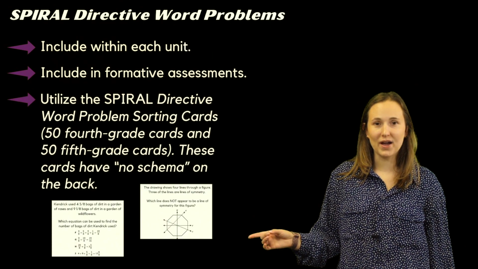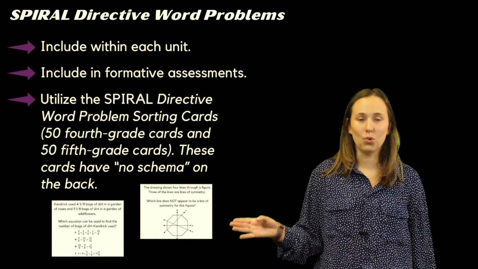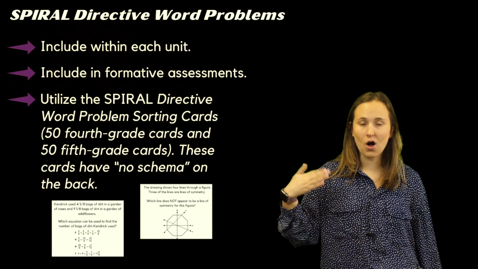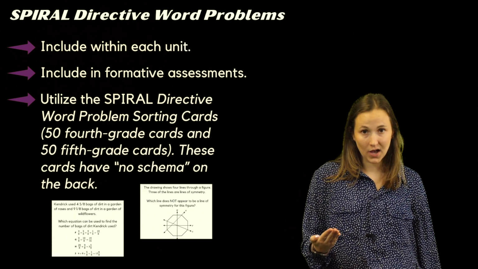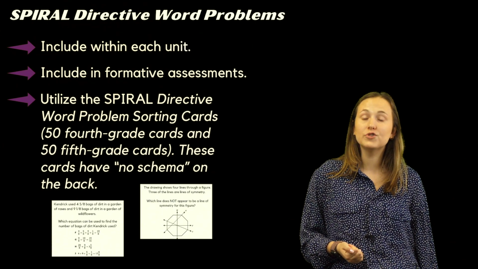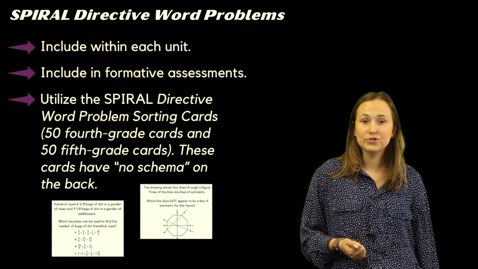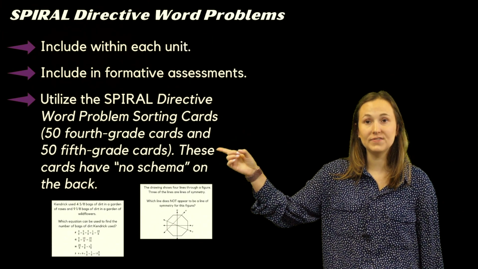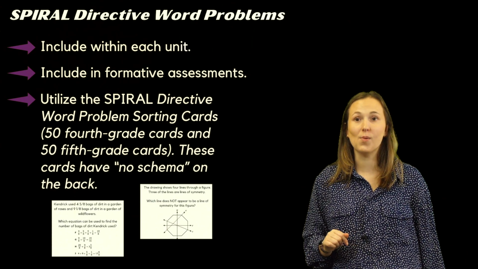And I also want to remind you that you have spiral word problem sorting cards. And all of those cards that on the back say no schema, those are examples of directive word problems. So you should have 50 fourth grade directive word problem cards and 50 fifth grade directive word problem cards.